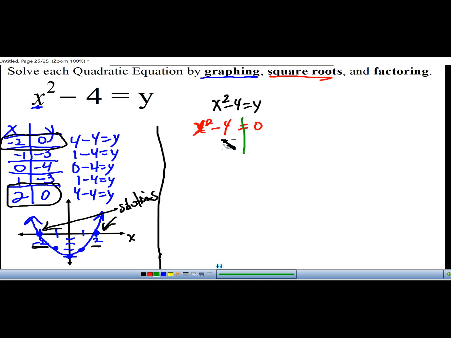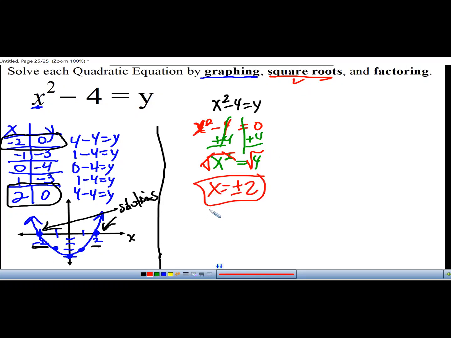I need to leave x by itself, so I need to add 4 to each side. X squared equals 4. And last but not least, to get rid of this squared, I need to take the square root. That's why this method is known as what? Square root. So we're left with x equals plus minus 2. These are my solutions. Did I get the same thing as graphing? Yeah, 2 and negative 2. Okay.